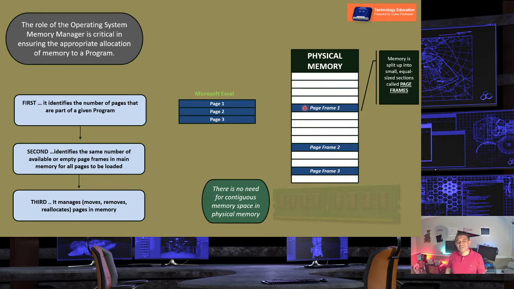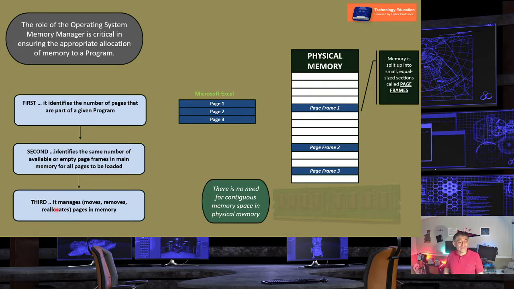So the operating system in this example has identified page frame 1, page frame 2, and page frame 3, depicted in blue, as available space in physical memory that can be taken by Microsoft Excel, and the 3 subcomponents of Microsoft Excel being depicted here as page 1, page 2, and page 3.